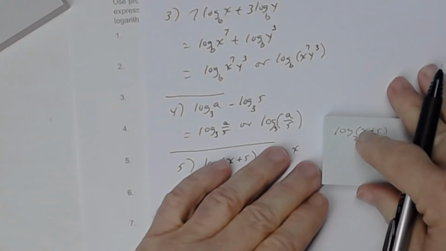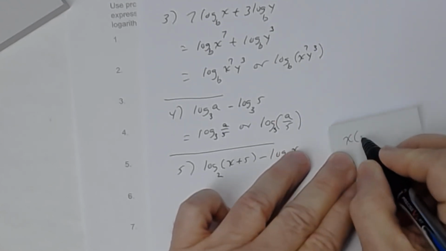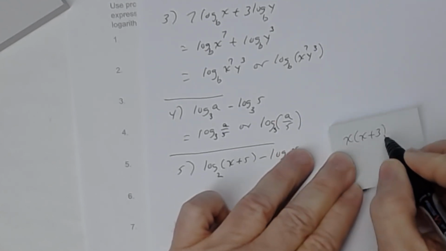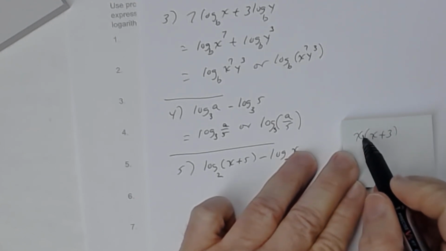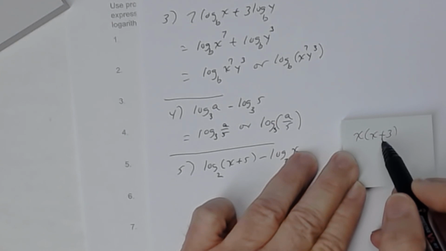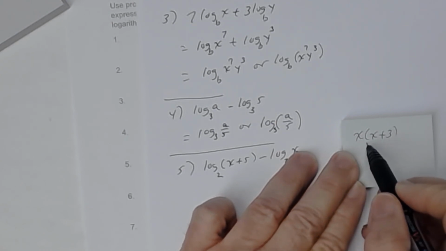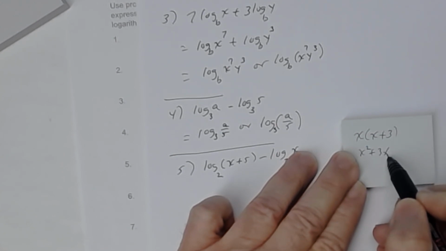Well, you've got to be careful. The distributive property only applies in situations like this, where this actually means product. Remember, you read this as x times x plus 3, right? So x times x plus 3 means x squared plus 3x.